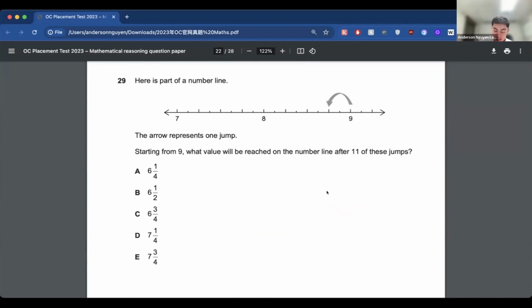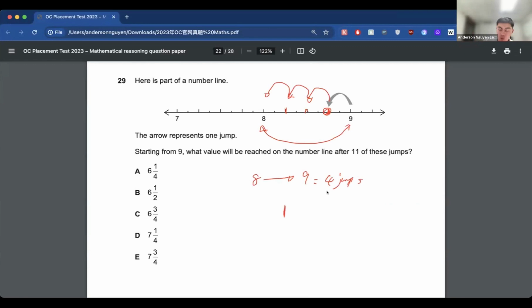So again, guys, for these number line questions, it's very tricky since we have to work out what each notch here should be worth, right? Now we know that to find out what one notch is, you need to see how many notches make up the total distance from each number to each number. So from 8 to 9, that's 1, 2, 3, and 4 jumps.